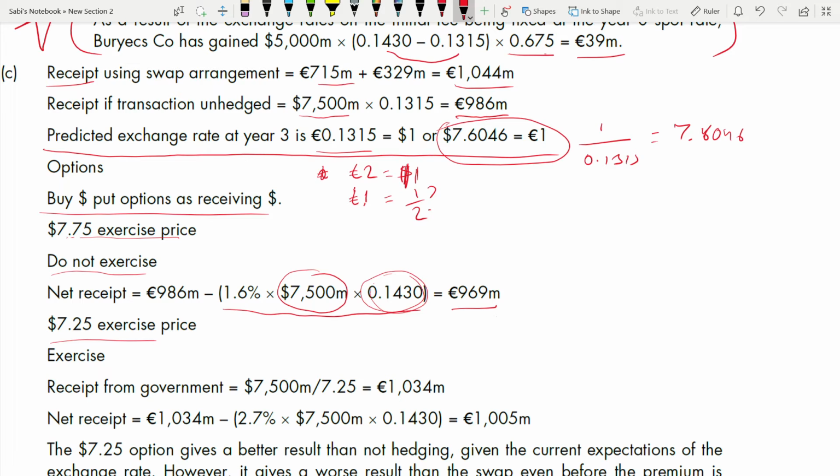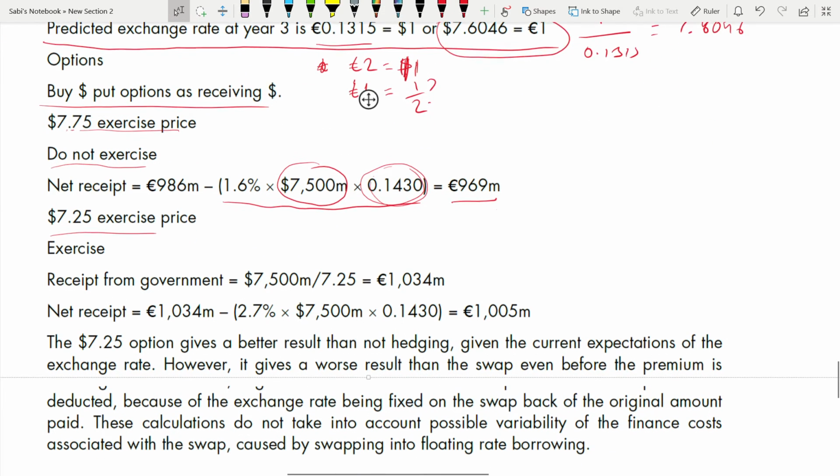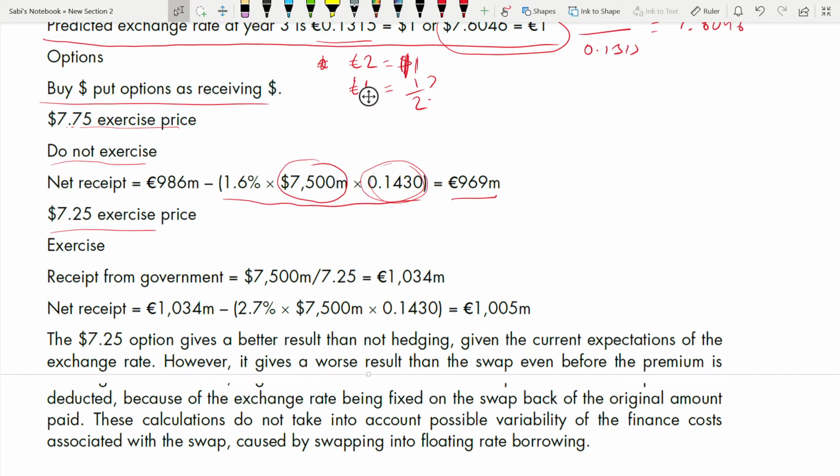Now let's go to the second exercise price. They are saying exercise. We'll see. Most of the time when you give two exercise prices, when you have to find the outcome using two exercise prices, I have seen that one you exercise, the other one you don't exercise. Most of the time it's like that.